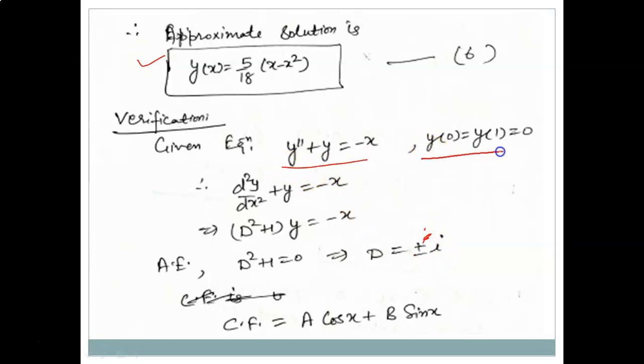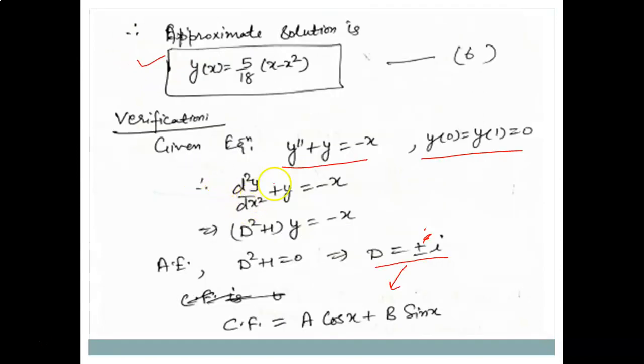So these are the boundary conditions. So how to find it? You can write it in this form. Now you can write in symbolic form like this. And the auxiliary equation is this. So the value of D is plus minus iota, and corresponding to this, the complementary function is given by a cos x plus b sin x.